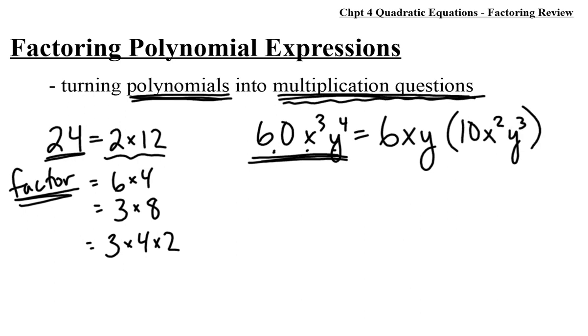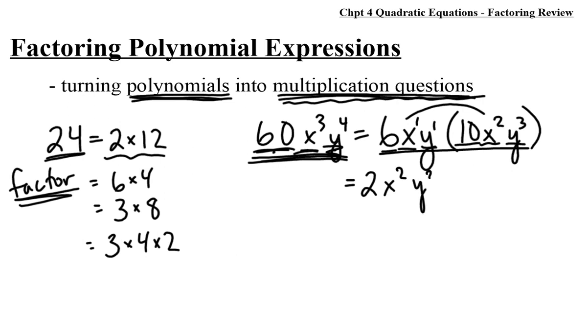There's the factored form. If I were to multiply these two things, 6 times 10, there's our 60. x1 times x squared, there's our x cubed. y1 times y3, there's our y4. With this, all kinds of possibilities. 2x squared y squared times 30xy squared, another possibility. Tons of possible ways to factor terms.